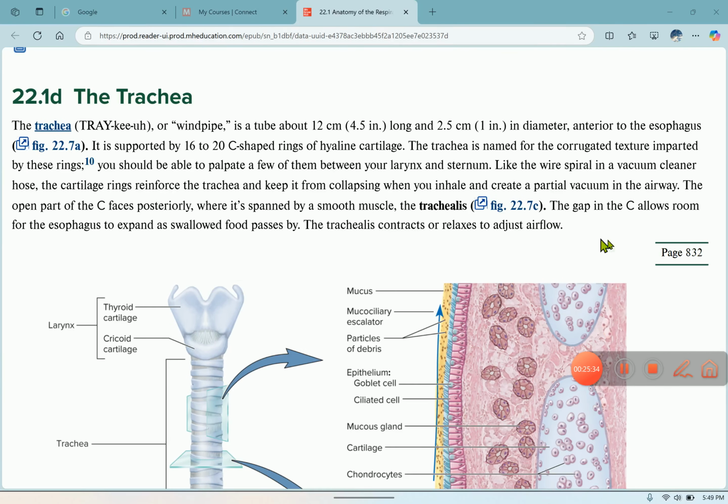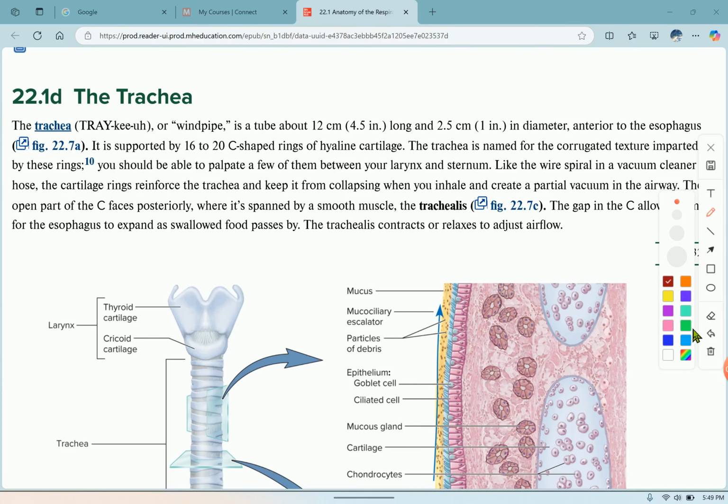Okay, the trachea, also known as the windpipe in layman's terms, is about 12 centimeters long and about 1 inch in diameter.